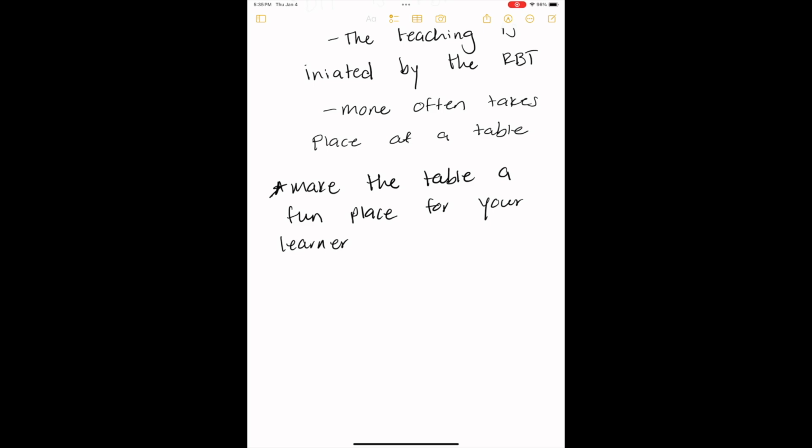Some examples for discrete trial training or discrete trial teaching. What does it look like? Well, you may work on something called visual perception skills, right? Or match to sample. So for visual perception skills, this is just one example of discrete trial teaching.